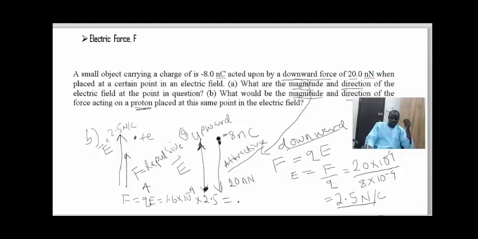This will give us a total force of 4 times 10 to the power minus 19 newton. So this is the magnitude of the force, and it is upward also. Okay, this is the direction.